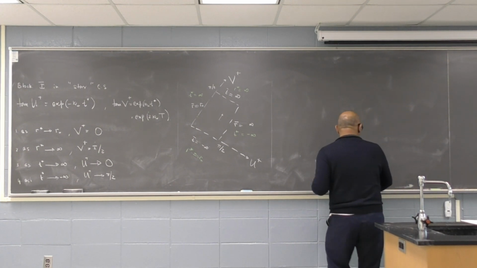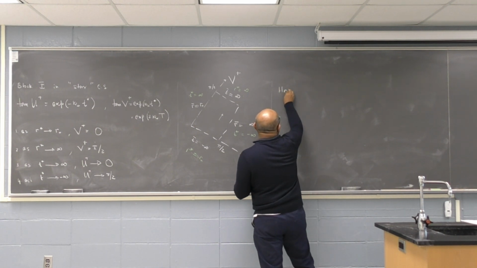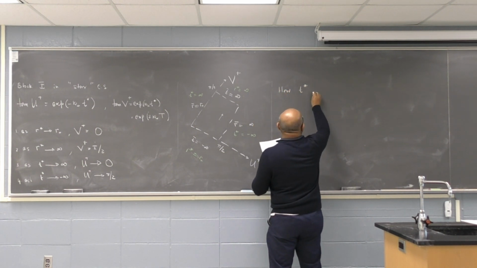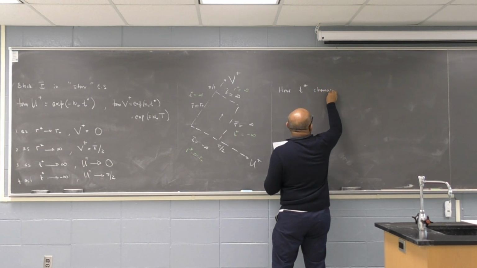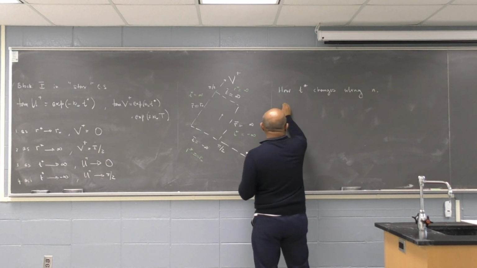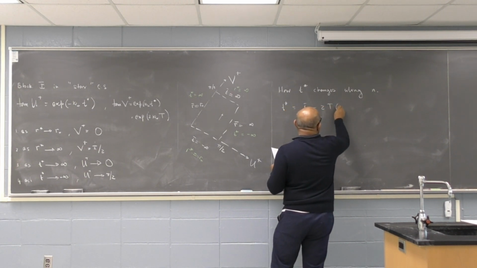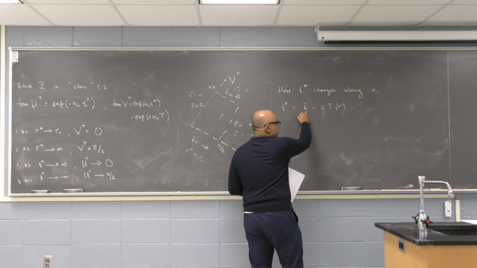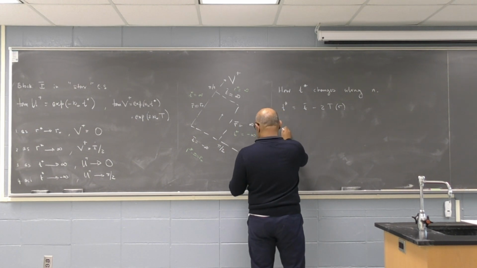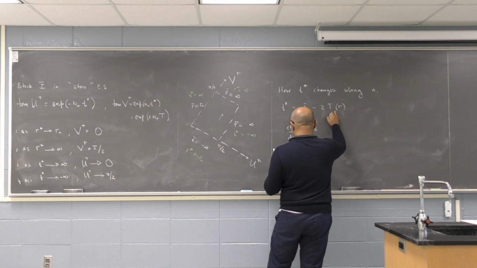At the end, I'm going to conclude by drawing a diagram. So how does t star change along N? Well, let's see. t star equals t bar minus 2 t(r), because I know how t bar behaves. It's a constant. Therefore, dt star by dr bar is equal to minus 2 times the derivative of this. We know what that is.